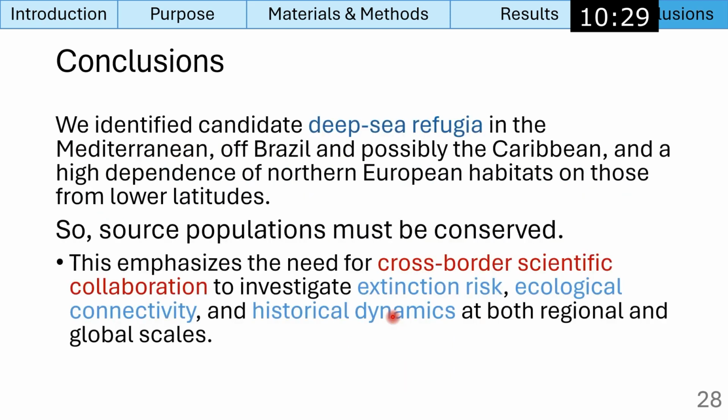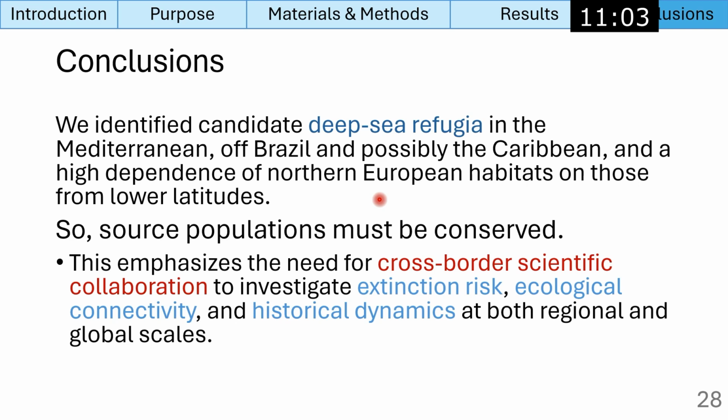We also identified some candidate deep sea refugia, which means they might survive at certain times, like the Mediterranean and Brazil. And we also found that there is high dependence of Northern European habitats on those from lower latitudes. So those are source populations.